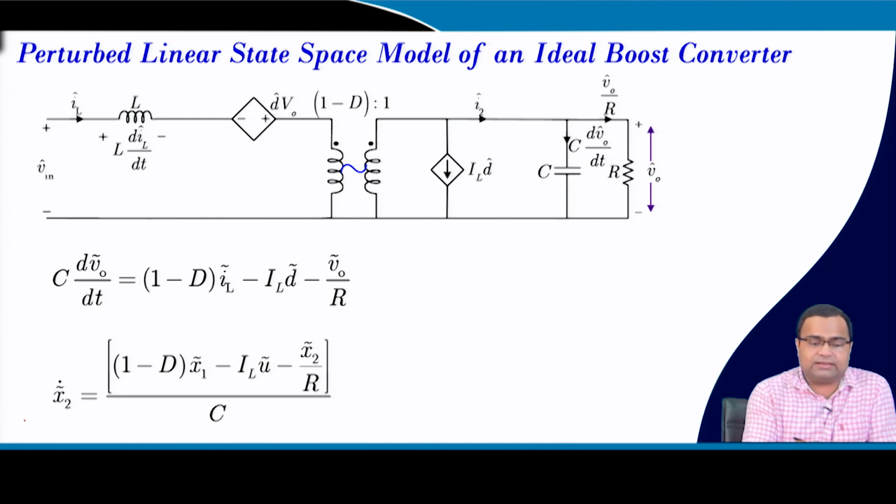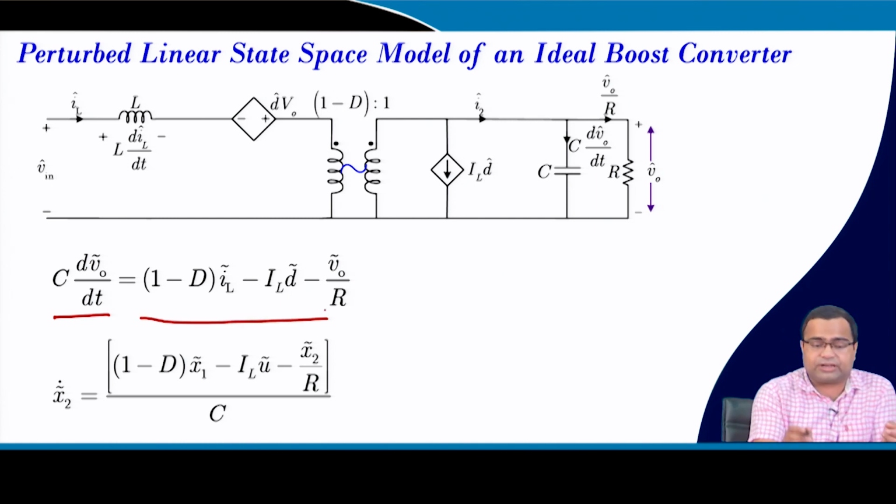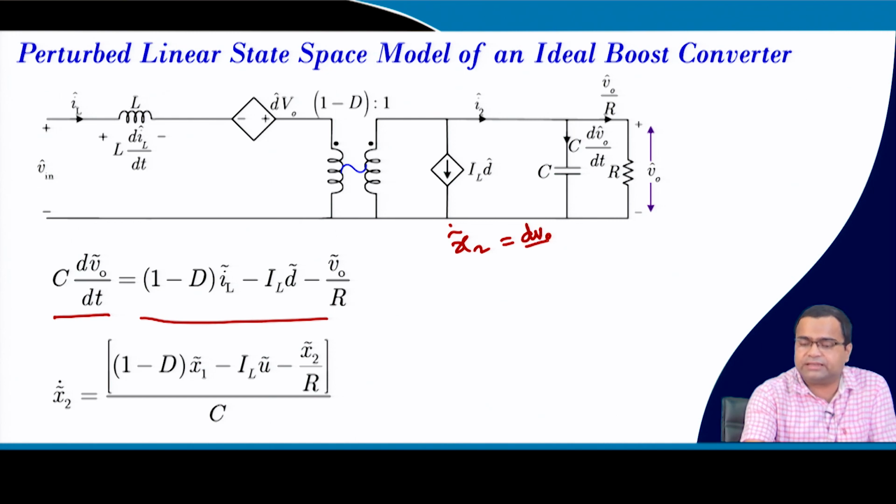We can also write the dynamics of the output voltage, like the capacitor voltage, and this equation is also straightforward, and then we can write this x2 dot, where x2 tilde dot is nothing but dV0 dt, here it is a voltage tilde dot.